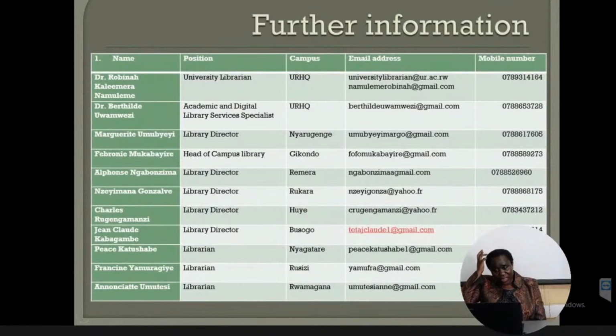There are contact details in this presentation that you will have to contact in each campus. There are also telephone numbers that you can call to get further help and support.